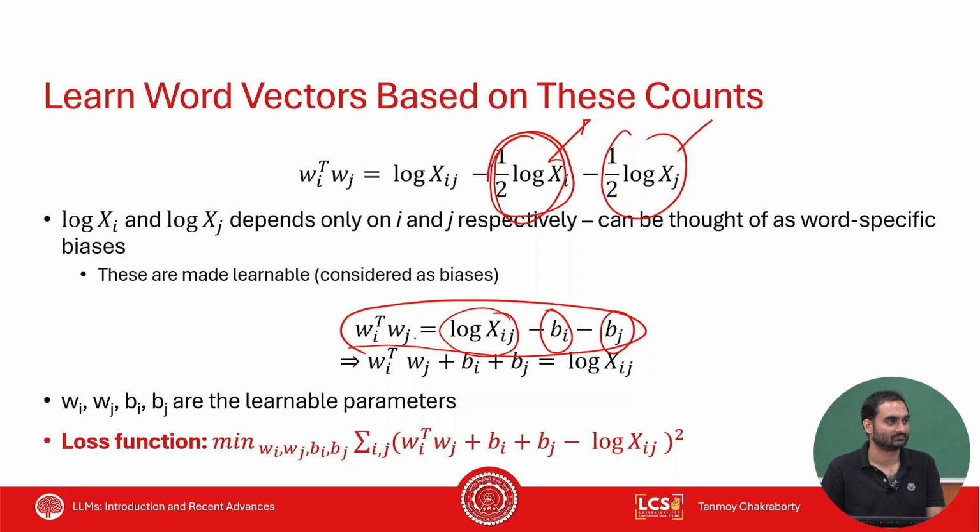That is also possible. So what I have at this moment is this one and this one, wij and log of Xij.